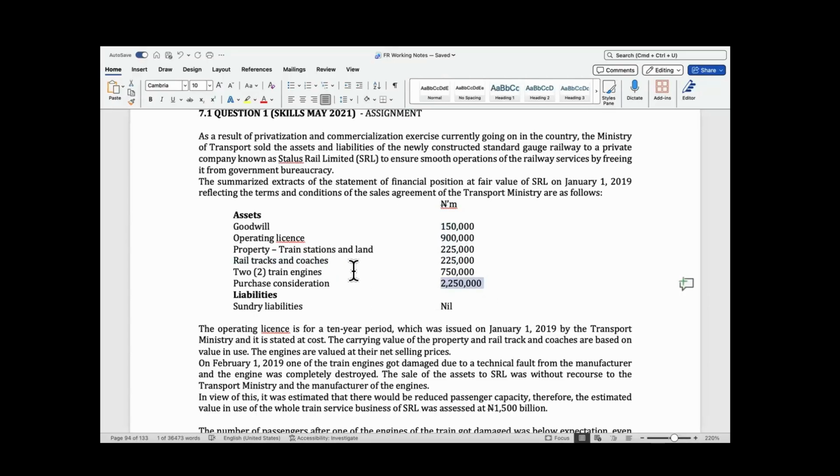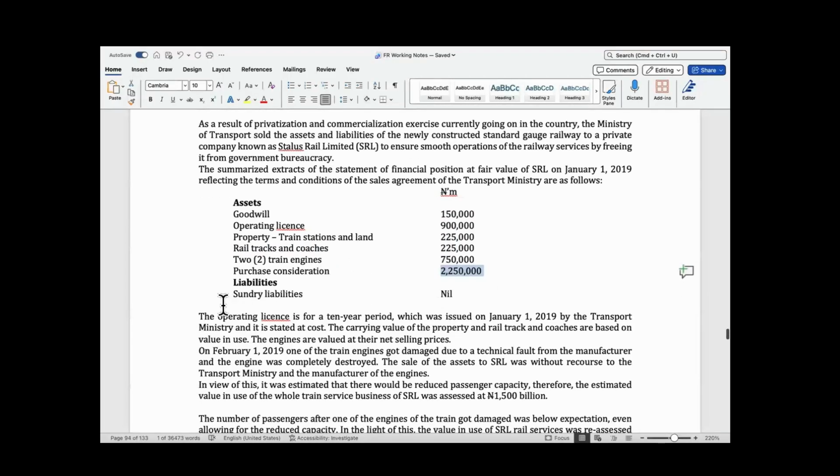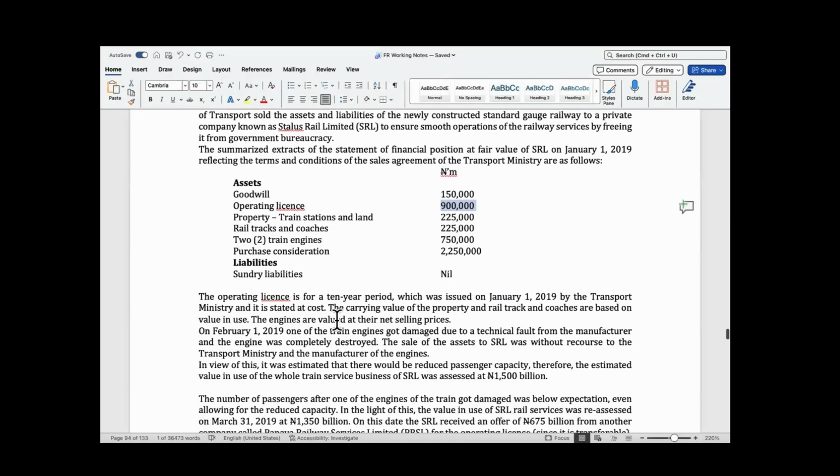So then the next paragraph tells me that the license, that is this, is a 10-year period, and it was issued on January 1st, 2019, right, by the Transport Ministry, and it is stated at cost. So this is the cost of the license.